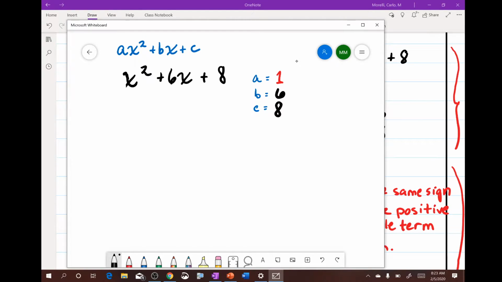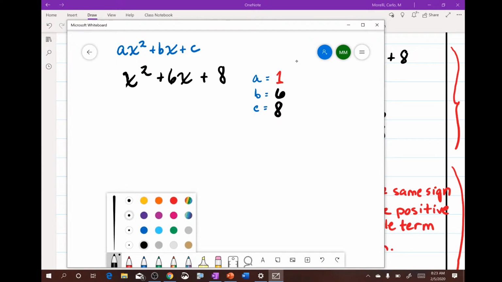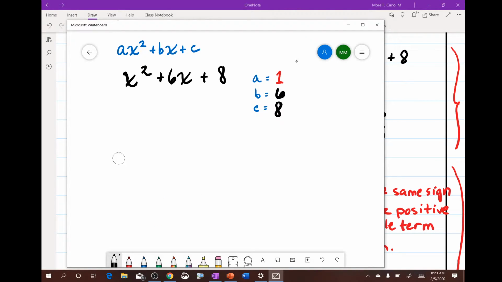Now these numbers are like signals, okay? They tell you things about the problem. So let's talk about what they tell you. A is greater than 0, so the graph of this quadratic would look like that. It will open upward.